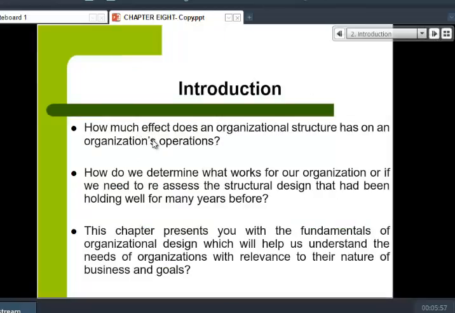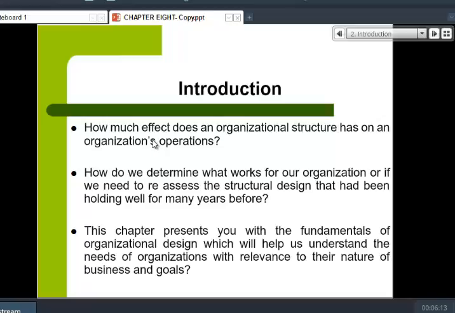So how much effect does the organizational structure have on organizational operation? How do we determine what works for the organization, or if we need to reassess the structural design?